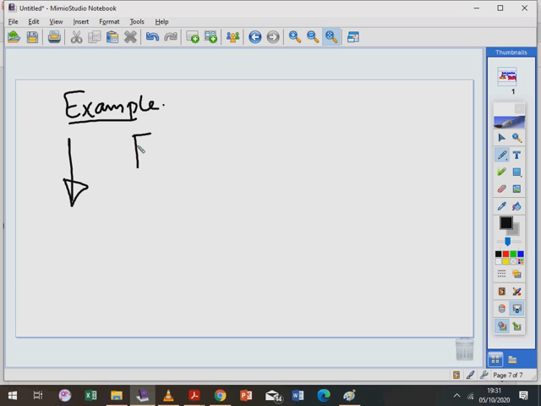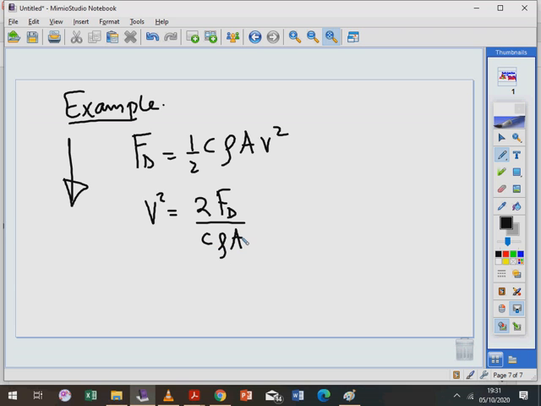So from this expression, Fd is equal to half coefficient of drag, density, area, V squared. If I try to make V the subject, I'm going to have V squared equals 2 Fd divided by C rho area. So if I take the square root, V equals the square root of 2 Fd divided by C rho area.